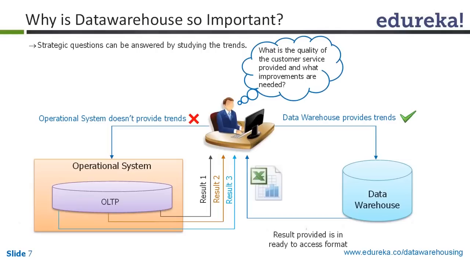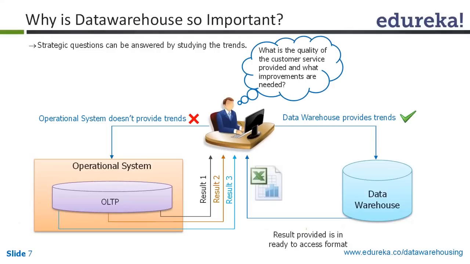And one more important factor is trends. You can study trends because the data warehouse holds the entire history. It holds, for example, let us take from January 2014 to August 2014. If we are in September, it holds data till August 2014. Now I can see what trend is happening.